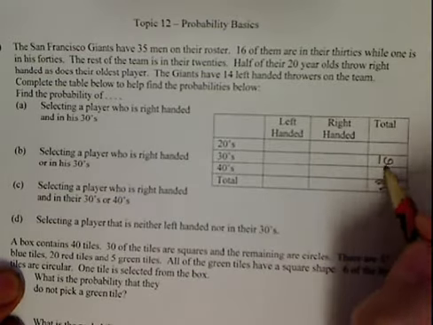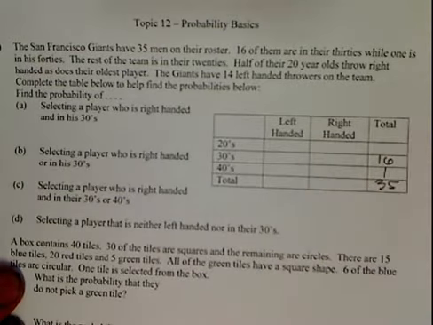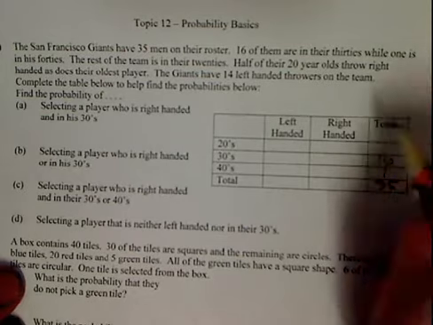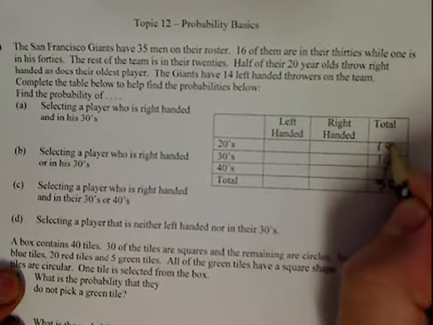That means the rest have to be in their 20s. If I add these together, 16 plus 1 is 17. 35 minus 17 is 18, so I got 18 players in their 20s.